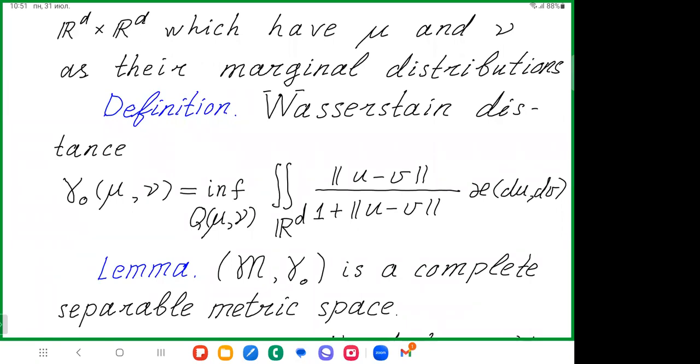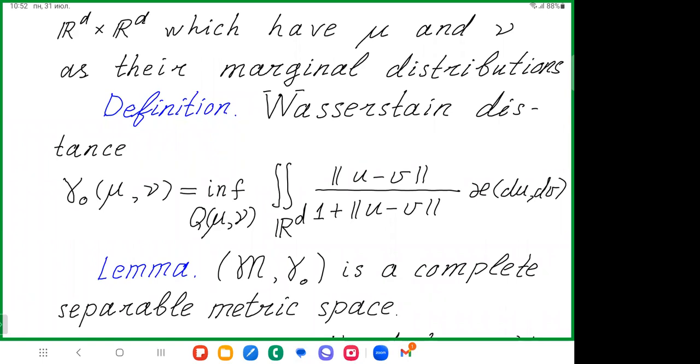Separability comes in a natural way. Maybe it is not surprising that any probability distribution on R^d can be approximated by discrete measures. We just take increasing partitions of R^d and put points inside the cells of the partitions, and in this way we get discrete measures which approximate it. So this is how we find separability under the Wasserstein distance.